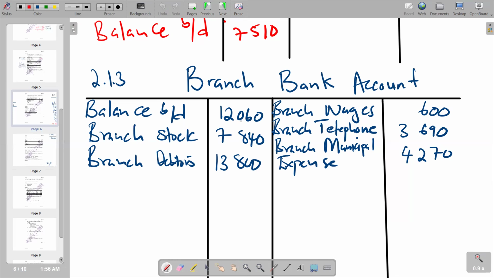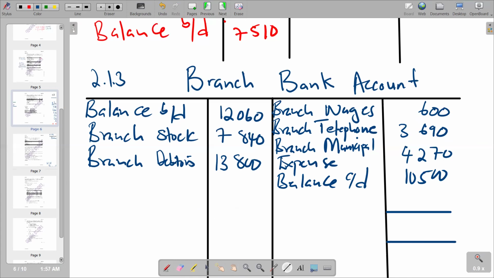So we are going to have a CD. We can maybe put it here as a balance CD. As a balance CD. And the amount that we have is 10,500. Can we just leave a space and then put our double lines?